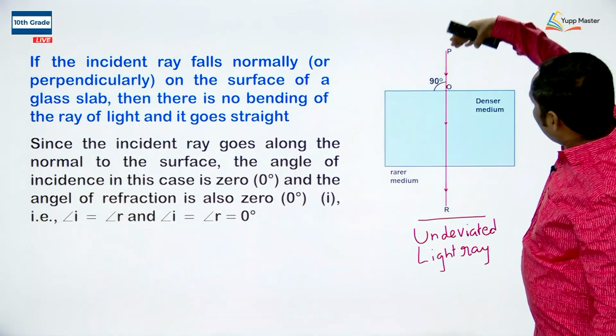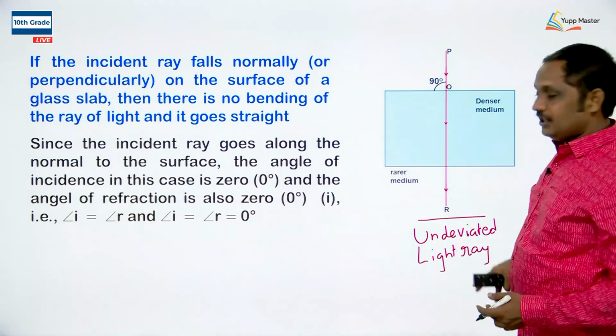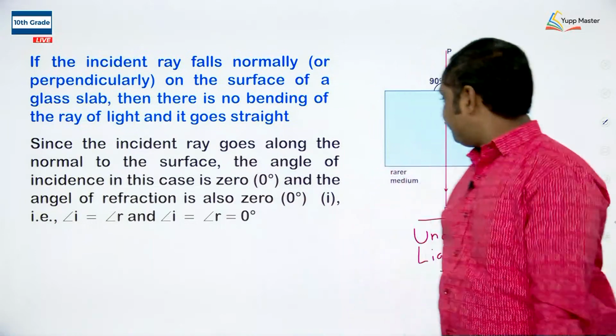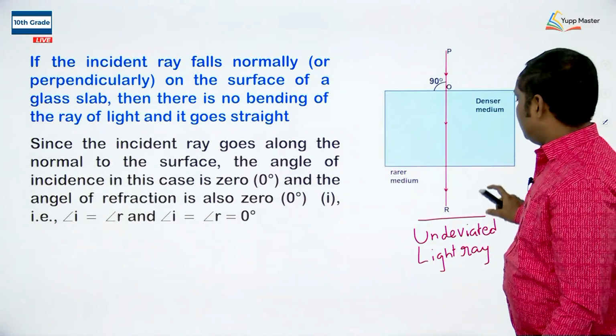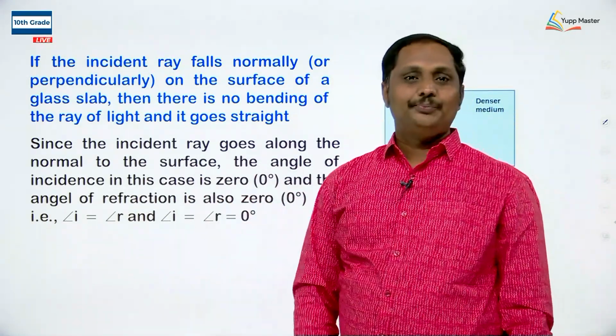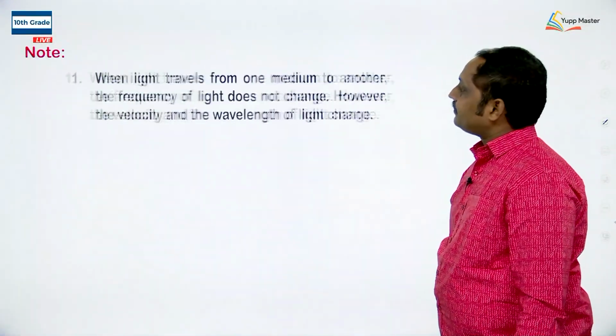Simply, it traces the same path as the incident ray. It takes an undeviated path, very simply. Now, you can confirm that the angle of incidence and the angle of refraction are going to be 0. It is very clear.